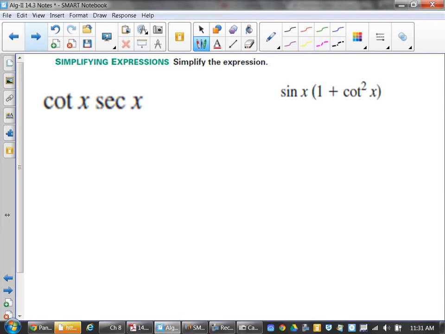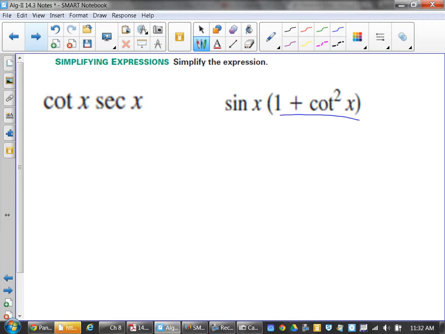What I want to do right away is rewrite that in terms of sines and cosines, because that's when a lot of your fractions start to simplify out. Whereas in the second one, notice how there's something with a plus sign and a square. When you see 1 plus something squared, or 1 minus something, start thinking about Pythagorean identities. Those are little subtle tricks. How can I resubstitute something else in?